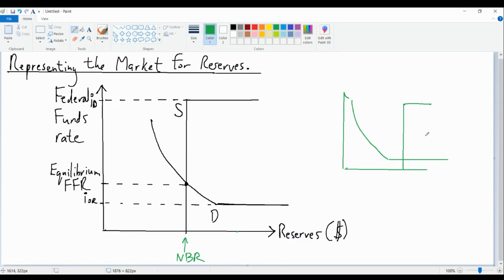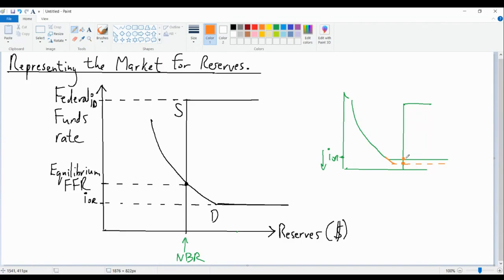So if I lower the interest rate on reserves, then this floor goes down. And then the equilibrium rate would have gone from there to there. And that's a conscious decision.